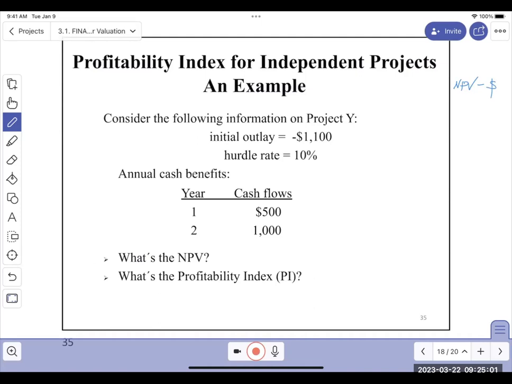The disadvantage of NPV is that we need the discount rate. You need a discount rate in advance, and some people will feel that they're not confident about the discount rate they use.